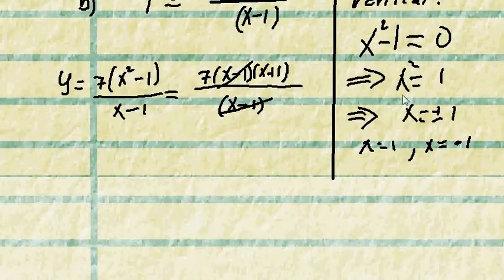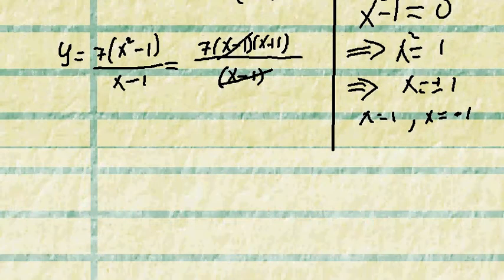That looks pretty nice because I am computing the horizontal asymptote. Clearly the numerator is a higher degree than the denominator, so this implies that there is no horizontal asymptote.